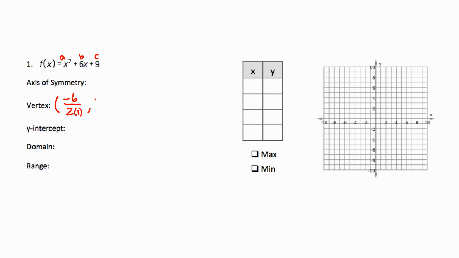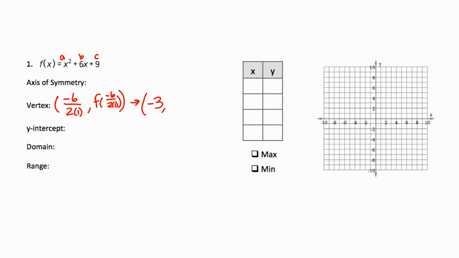And then we're going to evaluate f where x is negative 6 times this. All right, so negative 6 divided by 2 is negative 3.